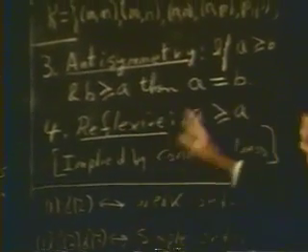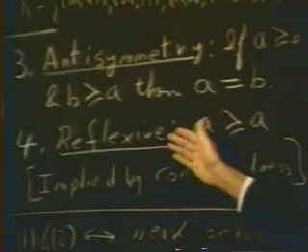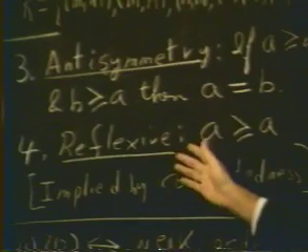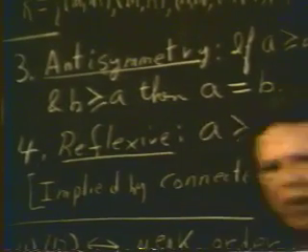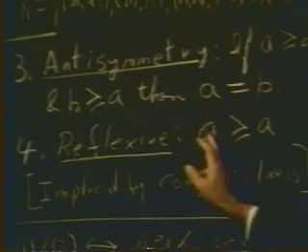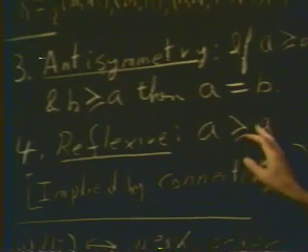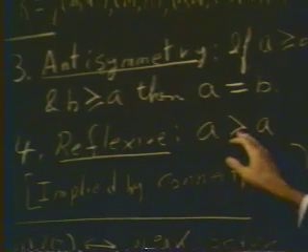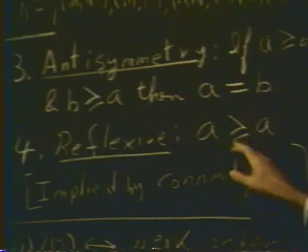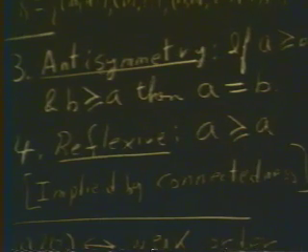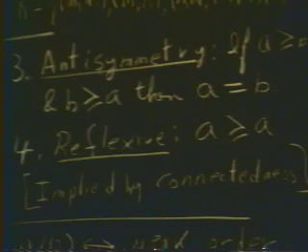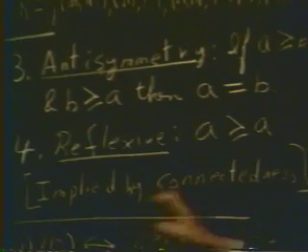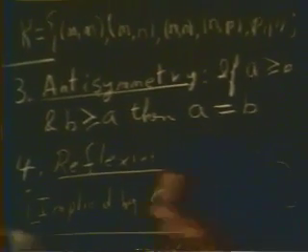Now, a fourth property that is important but redundant in terms of what we said thus far is a relation being reflexive. A is at least as tall as A. A is at least as heavy as A. In general, A bears a relation, at least as great as, to A. Notice, of course, that the reflexive property, A at least as great as A, is implied by connectedness, by the relation being connected.